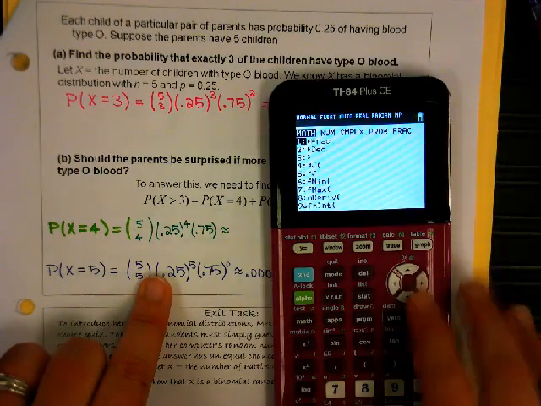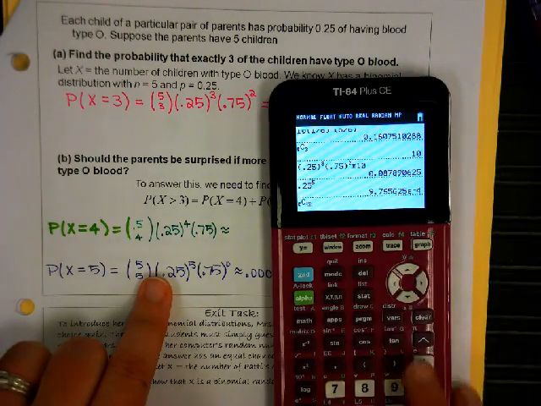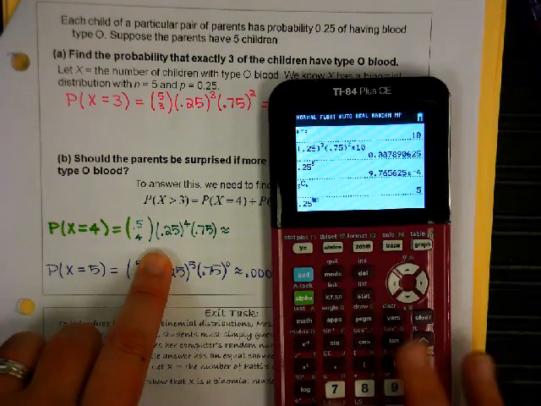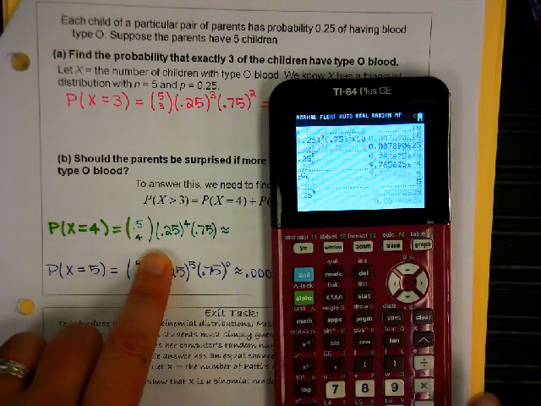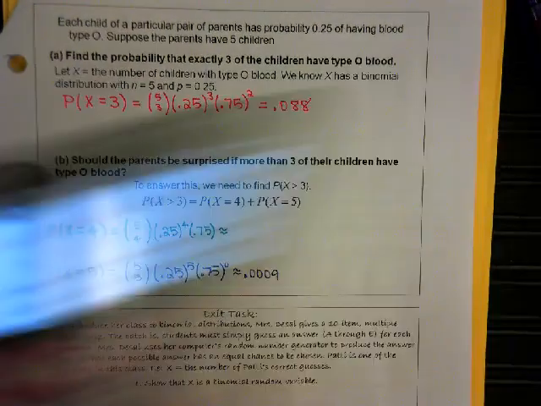And then we would add those together. And there's about 1.5% chance they have more than 3 kids with type O blood, so they should be surprised.